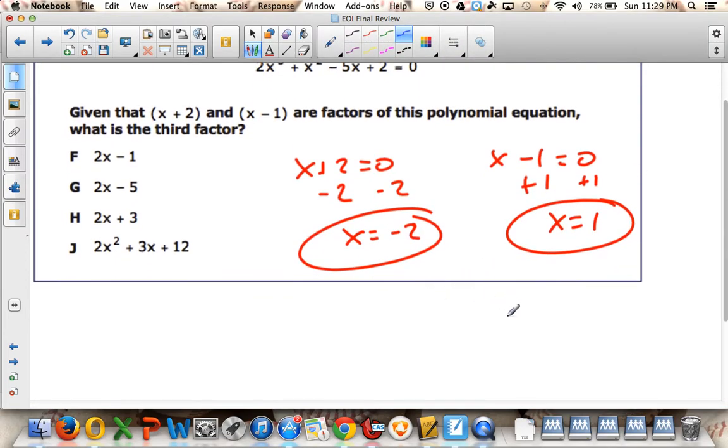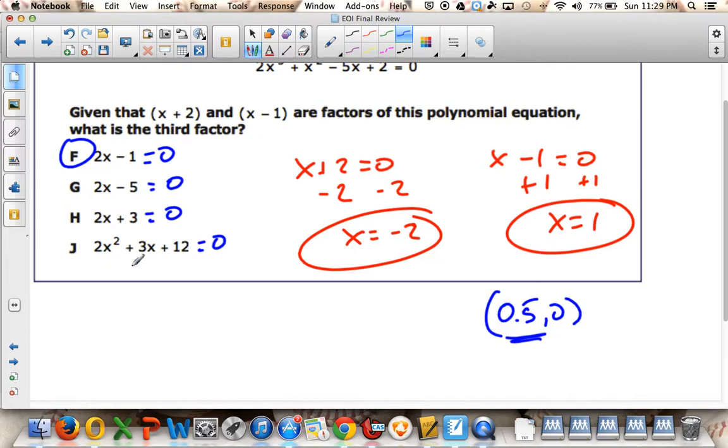Do I see that over here? Well, no, I don't. I'm going to have to go to F, G, H, and J, all my answers, and set them equal to 0 to see where x is 0.5. I'm just going to go ahead and tell you the answer is F.